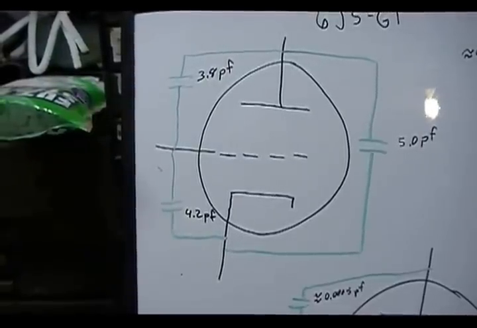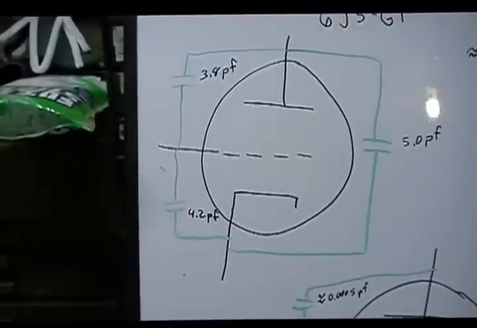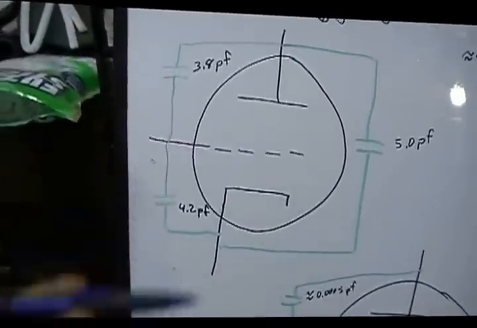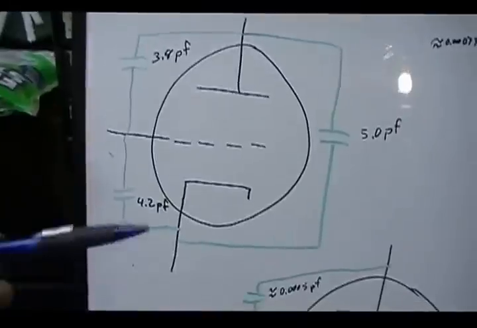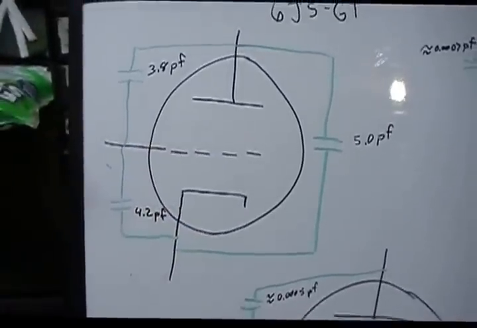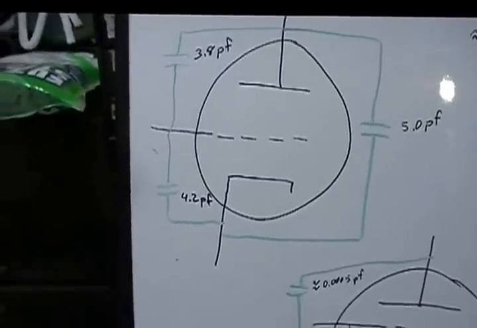It can be air, mica, ceramics, paper, whatever. Well, in this case it's vacuum. But each electrode is acting like a plate of a capacitor, so there is a certain amount of capacitance.